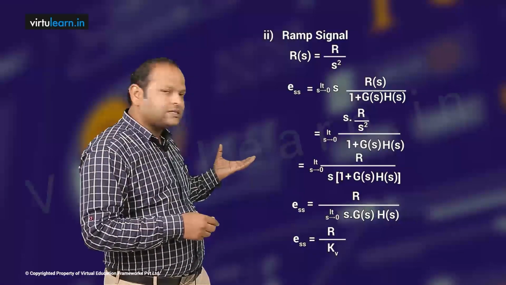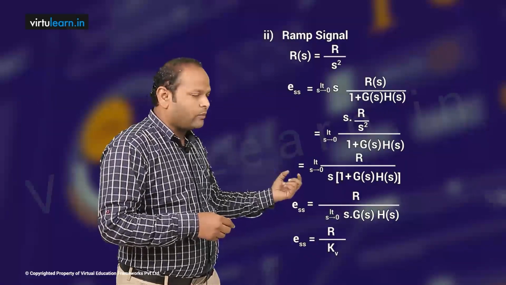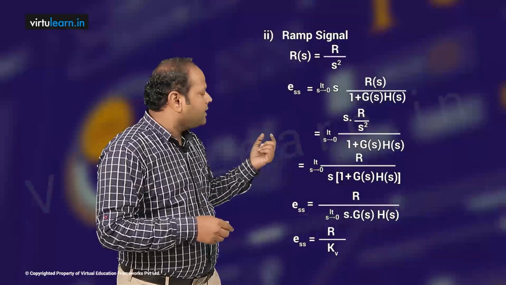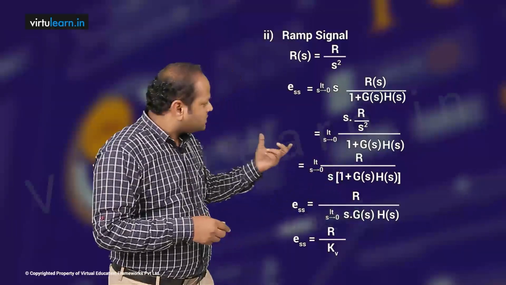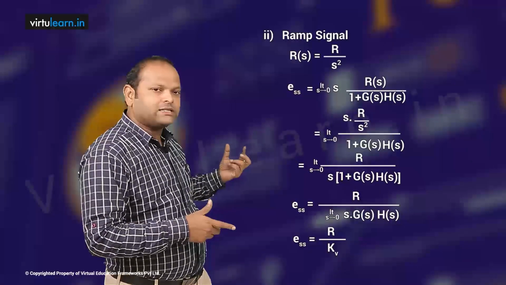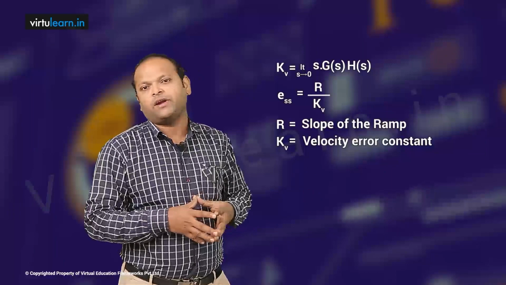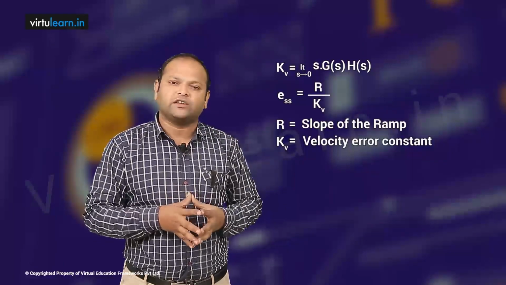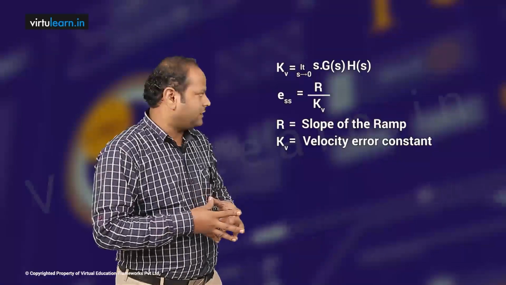Then ESS is equal to R divided by limit s tends to 0 of s into GH of s. So the denominator I can assume as one error constant. Therefore ESS is equal to R by Kv, where Kv is equal to limit s tends to 0 of s into GH of s. This Kv is called the velocity error constant.